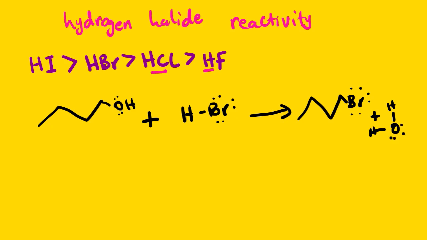Let us look at the mechanism. The first thing that will happen, we know that OH is not a good leaving group, so we have to protonate it in order to make it a good leaving group.